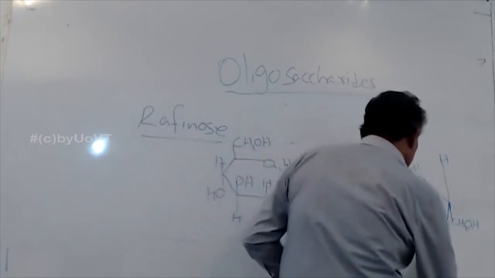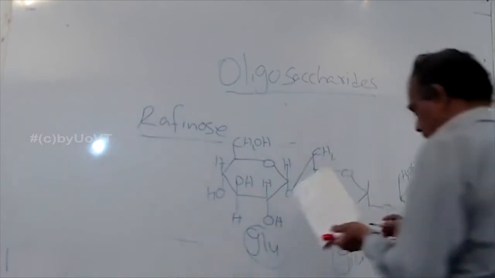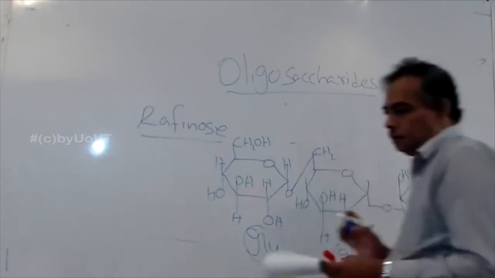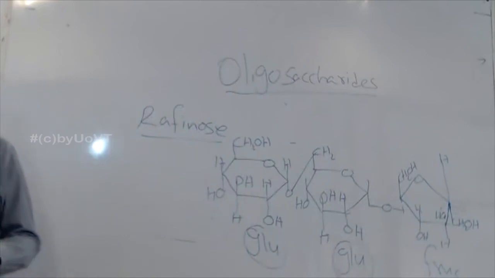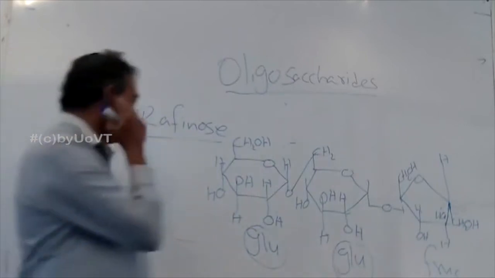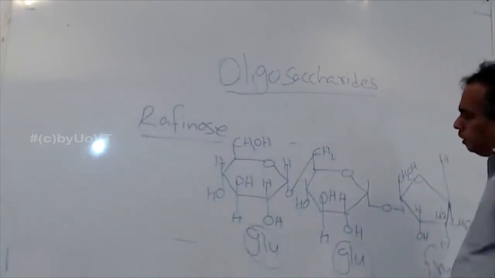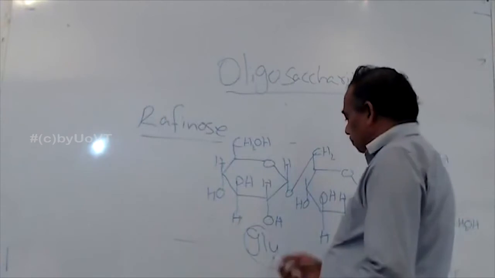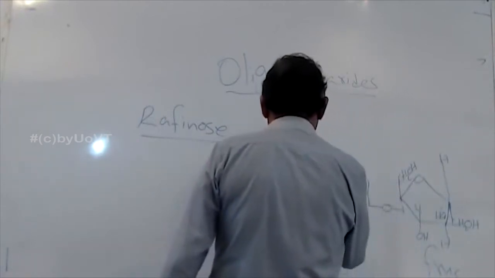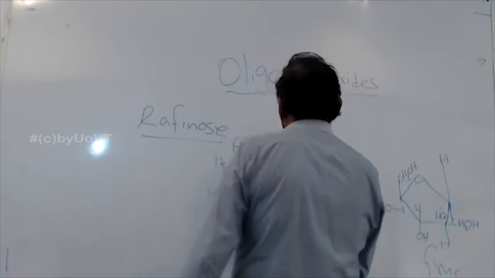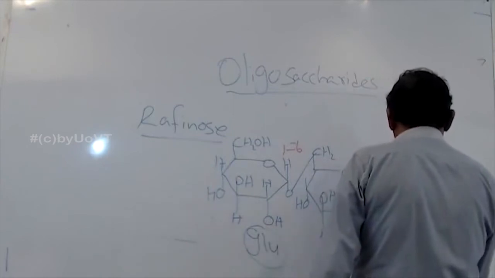The third component is fructose. Now you can observe the glycosidic linkage. Here is a 1,6 linkage. The second component has a 1,4 linkage.